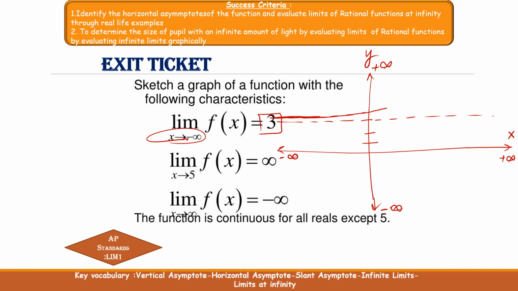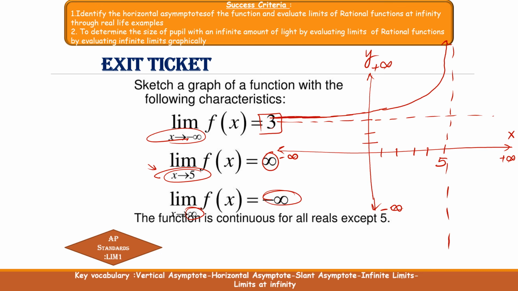Now there is another condition: x approaches 5, and the y value is positive infinity. It means that I have a vertical asymptote. So I will join this graph, and because it is positive infinity, I will make it like this. Now they are saying when x approaches positive infinity, the y value is negative infinity.